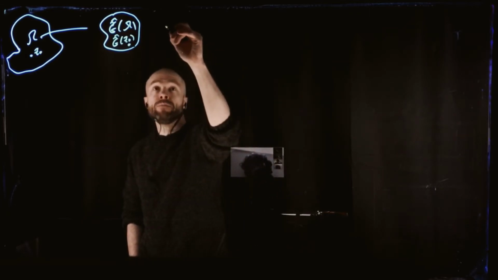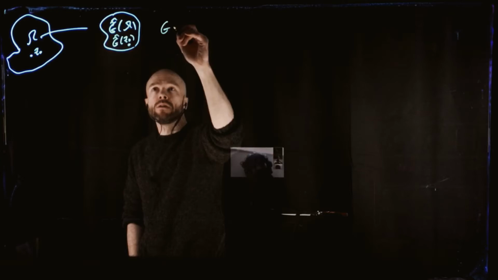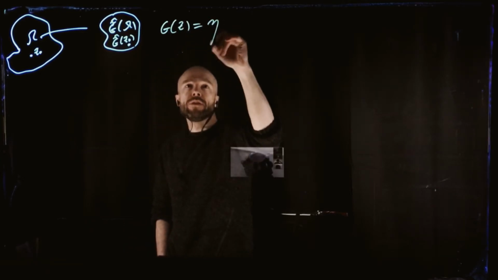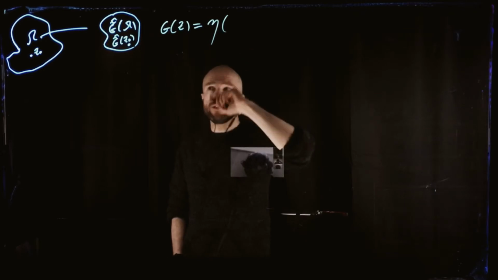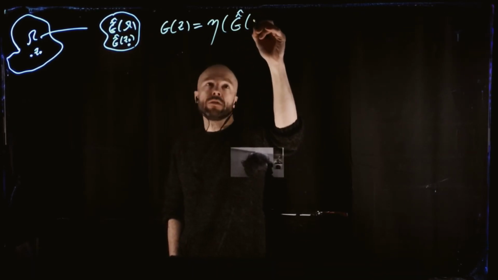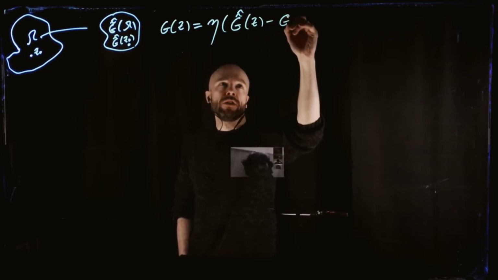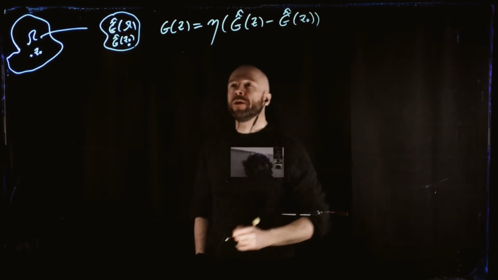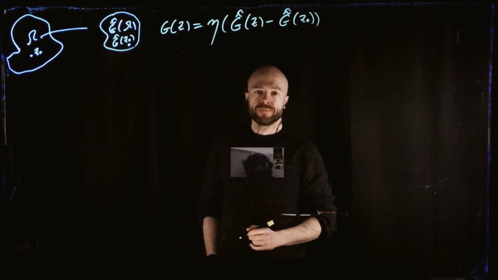Let's just define G of z to be eta, for some real number eta we'll decide on later, times G tilde hat of z minus G tilde hat of z0.